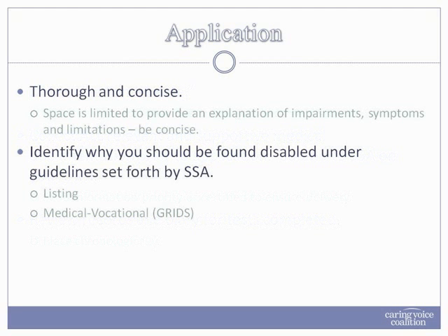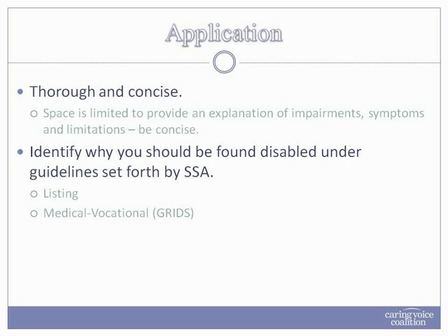Identify why you should be found disabled under guidelines set forth by the Social Security Administration. To be clear about that, under the disability evaluation for Social Security, there's a listing of impairments, also known as the Blue Book. For pulmonary hypertension, it typically falls under the listing of A. You don't necessarily have to meet a listing to be found disabled, but if you don't, you would have to meet the medical vocational guidelines, or both.